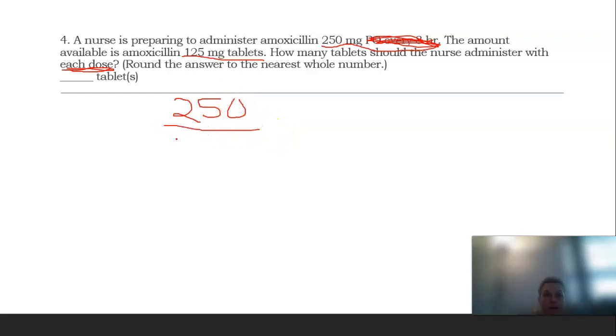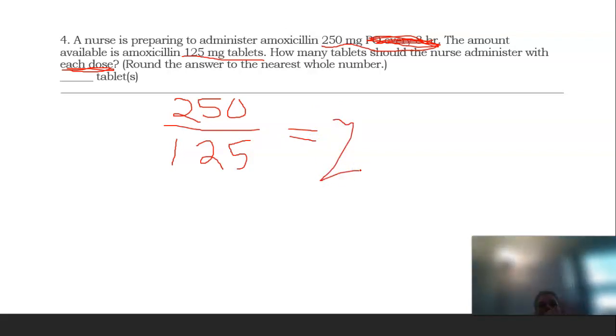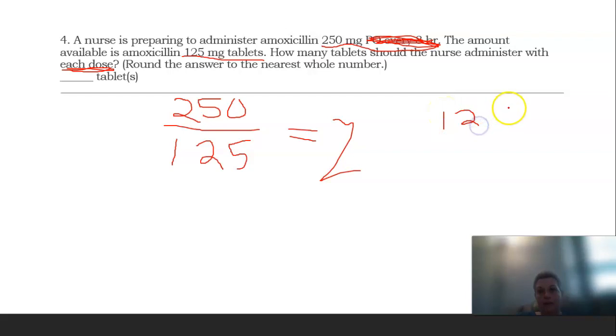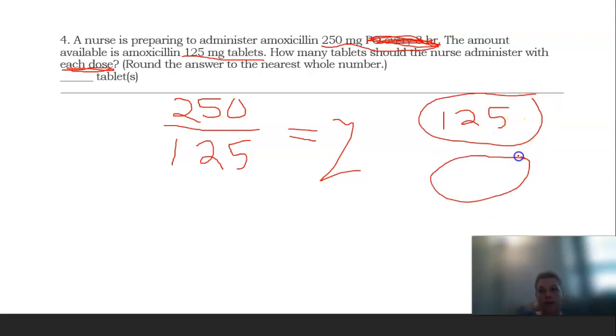If, again, I realize 125 is half of 250, so when I look in my hand and every pill is 125, don't I need 2 of those in my hand? 125 plus 125 will get me 250, exactly what I want to go give.